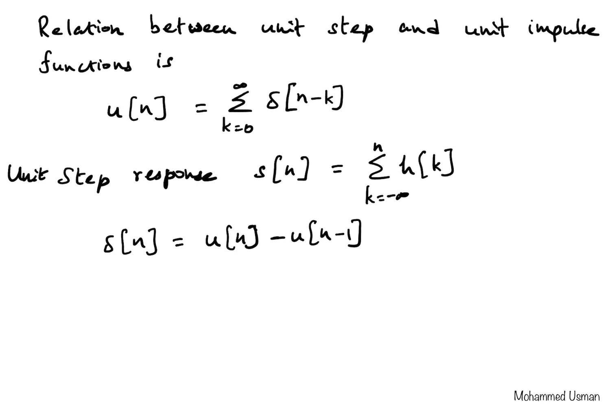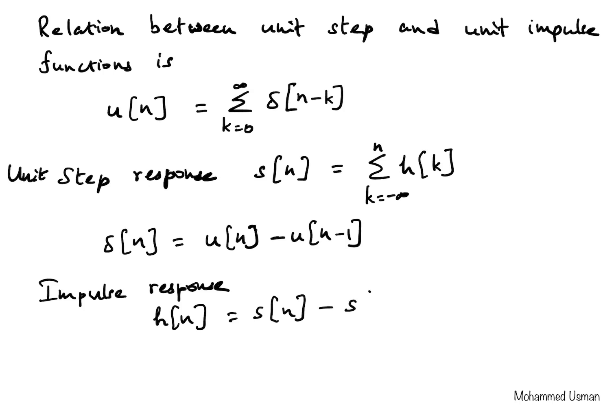So the impulse response h of n is the step response s of n minus the shifted version of s of n, which is s of n minus 1. We call this the first difference of the step response. So the impulse response is the first difference of the unit step response.